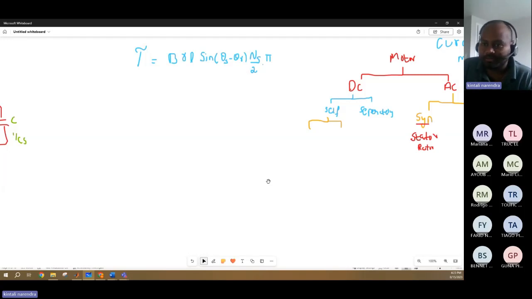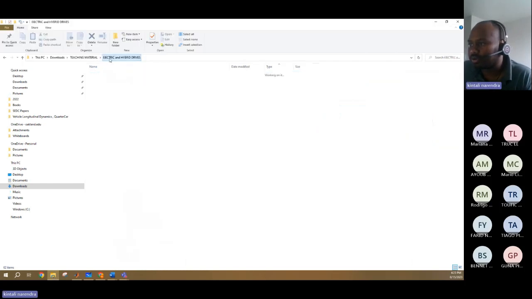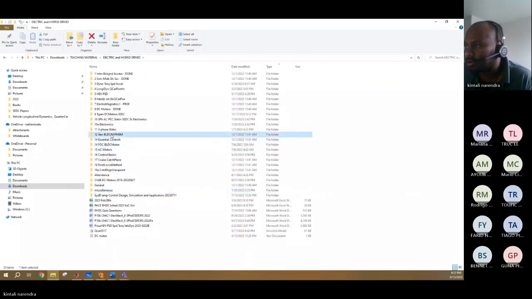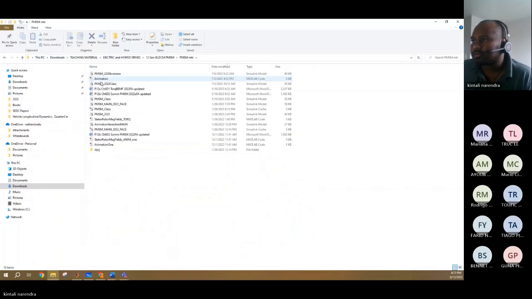Whereas when it comes to a permanent magnet synchronous motor or a brushless DC motor, let me show you a picture. It is easier like that. Just a second, guys, I want to show the right picture. There are so many here.